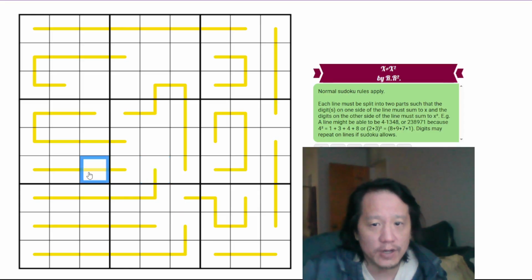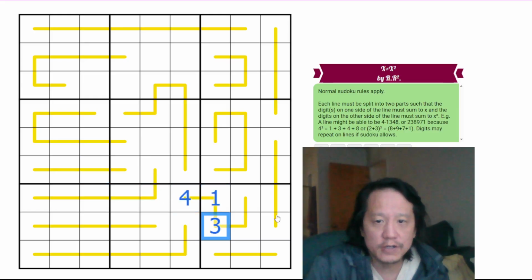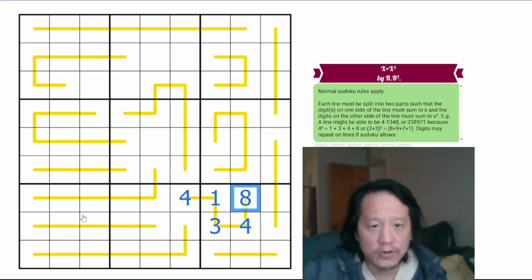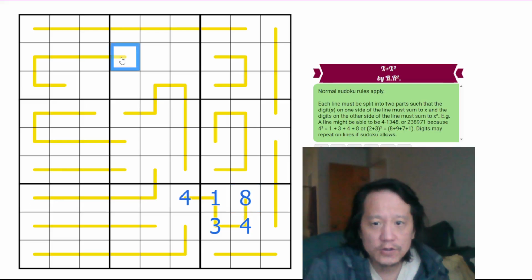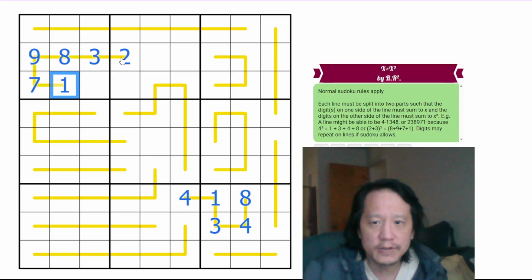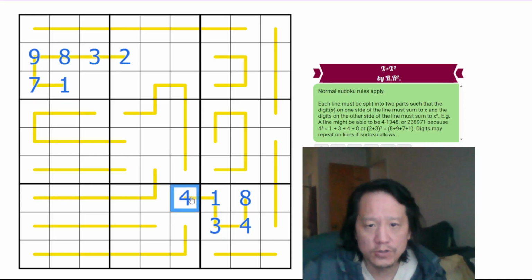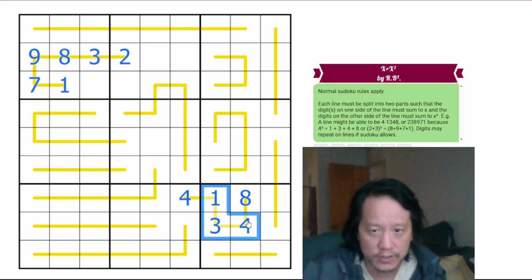For example, a line may be 4, 1, 3, 4, and 8. Or you could have 2, 3, 8, 9, 7, 1. Because 4 squared equals 1 plus 3 plus 4 plus 8. 1 plus 3 plus 4 plus 8 adds up to 16, which is 4 squared.